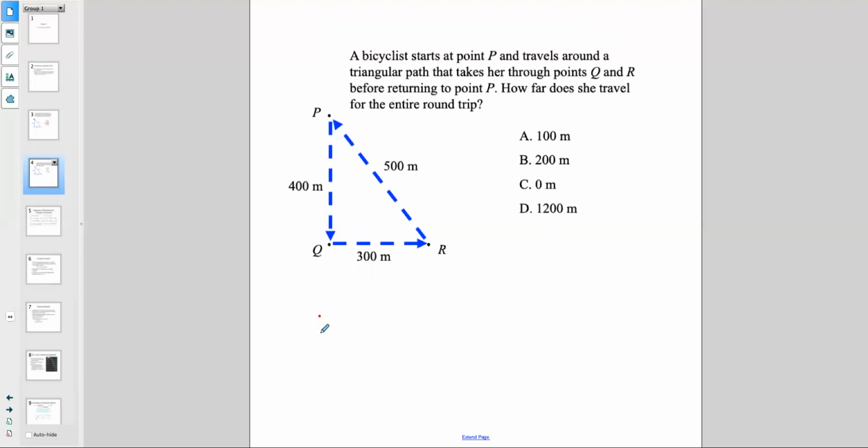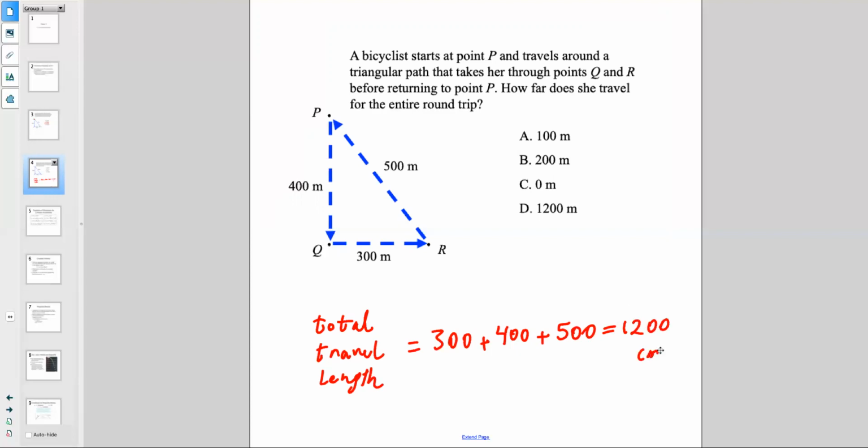So the total travel length is 300 plus 400 plus 500, which is 1,200 meters.